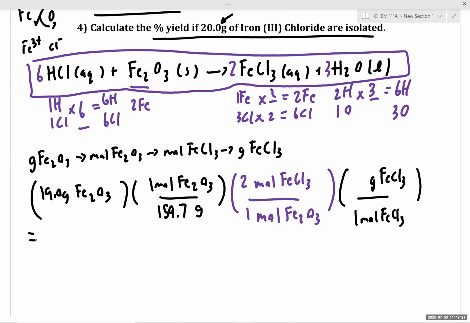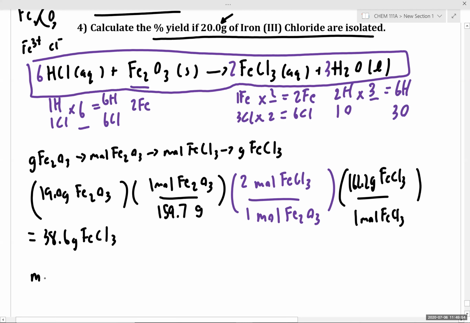What is the molar mass of iron 3 chloride? 162.2. Good. So if we punch that all into our calculator, we get 19 over 159.7 times 2 times 162.2. That in turn gives us 38.6 grams of iron 3 chloride.